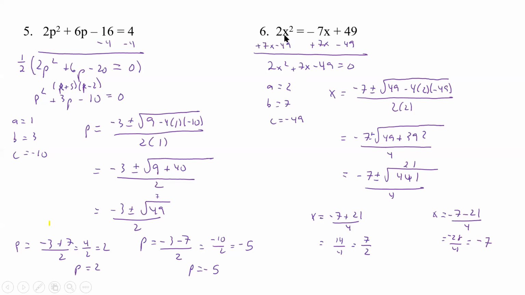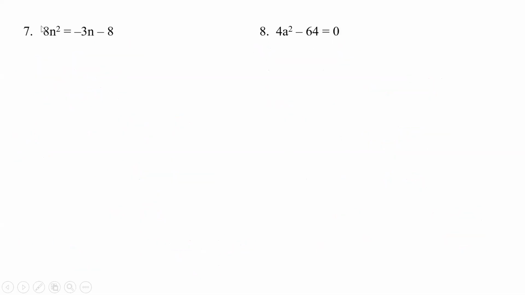So it's going to be 49 divided by 2. This one's going to be 49 over 2, it's negative, plus that, and you have to get common denominator, so it's going to be 49 minus that, so that one works as well. So sometimes you can do it in your head, sometimes you have to use the calculator when you have radicals or more complicated numbers. All right, here's a couple more.